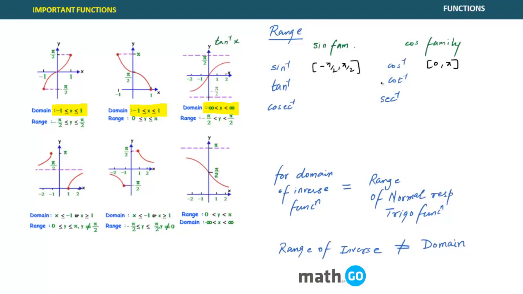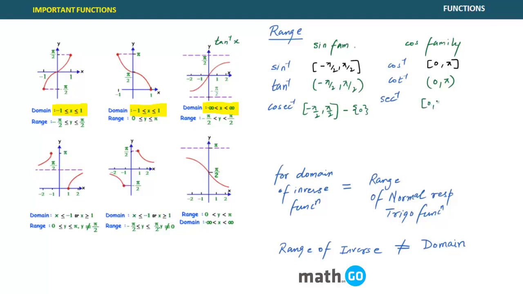If you remember these two values, I can give you a method for finding the remaining 4. For tan, what do you have to do? Just change the brackets. They were square brackets, include round brackets here. Similarly here, that's the answer for cot inverse. For cosec inverse, write the answer that you have written for sine and remove the midpoint. The midpoint or the average of this is 0.